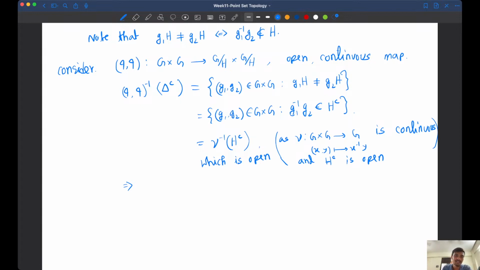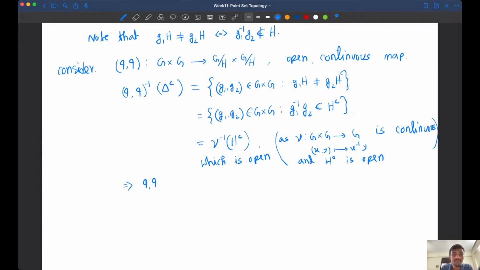So on the left hand side you have this set open in G cross G. If you apply Q comma Q to Q comma Q inverse of this thing, that is exactly this delta complement, because this is surjective.